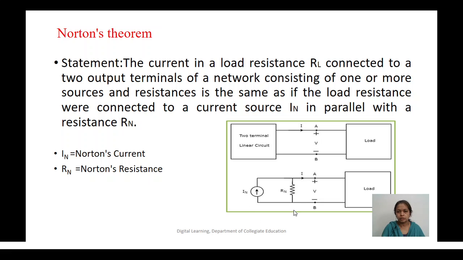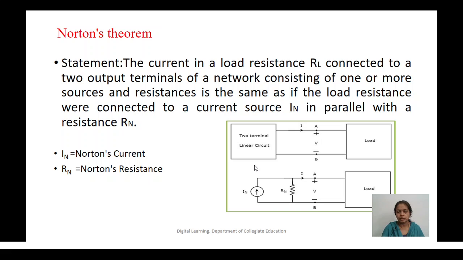So this current source and a resistance connected in parallel with it is equivalent to this two-terminal linear circuit. So this equivalent circuit is now connected to the load. IN is called the Norton's current and RN is the Norton's resistance. So this equivalent circuit is called the Norton circuit.